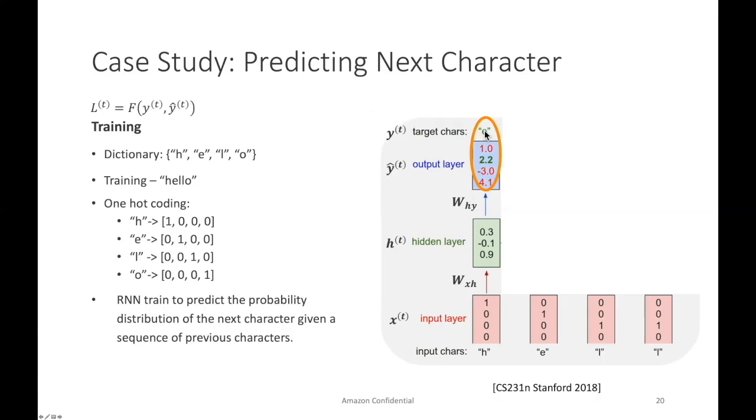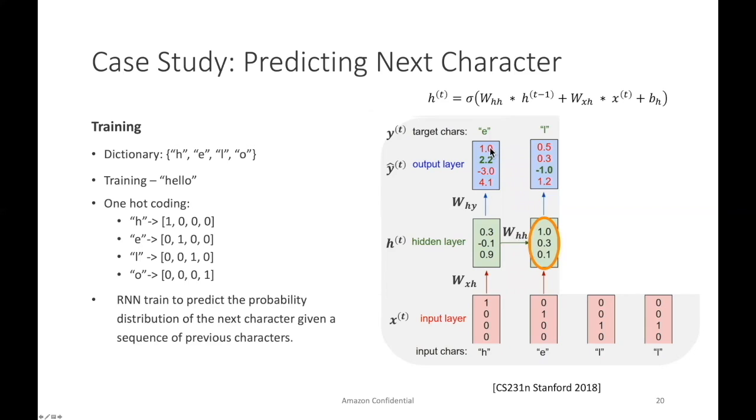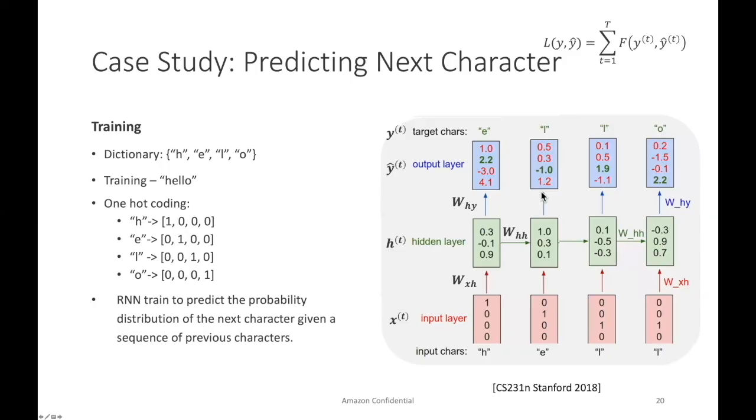This next character is fed along with the hidden state into the network again. So this E is fed through here into the network along with the hidden state, which Whh takes care of, and the hidden state multiplied by Whh comes here. Then that is used again in the same form as before, and that predicts the next letter. Finally, the loss is basically whether I predicted each of these letters correctly, and that's the loss function here.